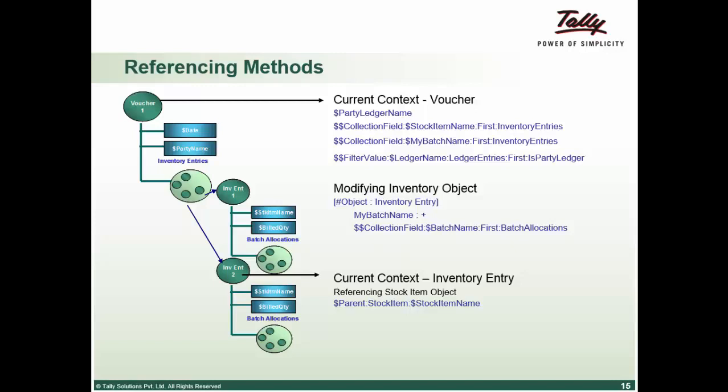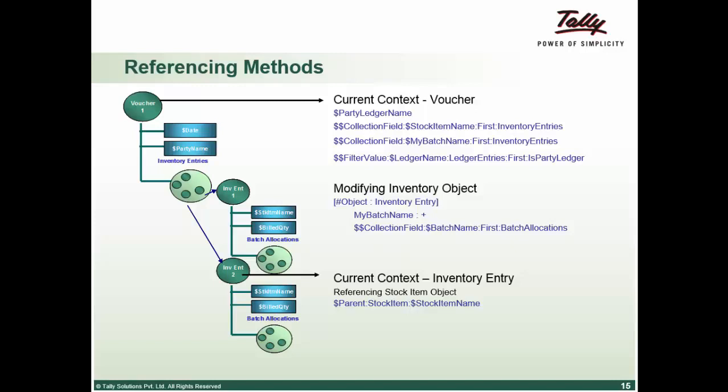If you want a value from that, you can say $StockItemName and $BilledQty. Each inventory object further has sub collections, batch allocations. Now there's a hierarchy. In batch allocations, the object will have methods, and you can fetch the values.